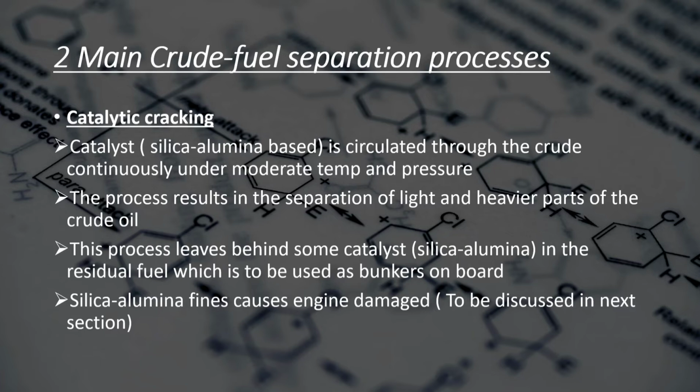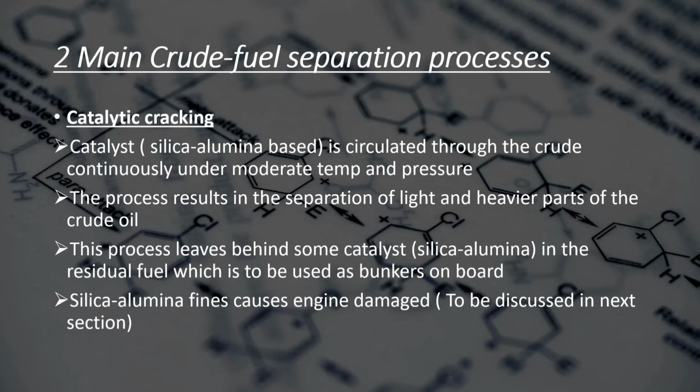In order for us to make good use of crude oil, we need to break it into lighter and heavy fragments. One of the two main separation processes used is called catalytic cracking, where a silica alumina based catalyst is circulated through the crude oil under moderate temperature and pressure.